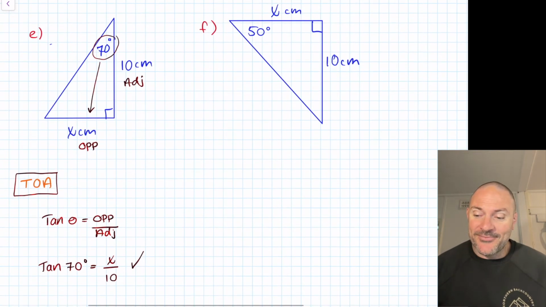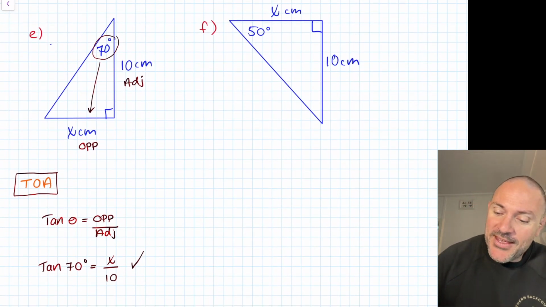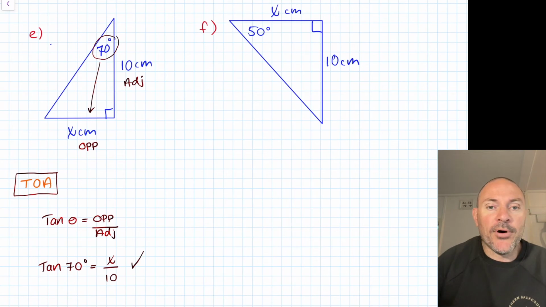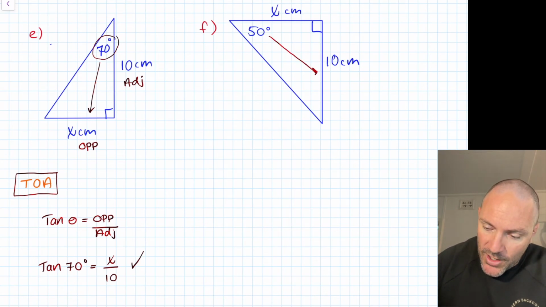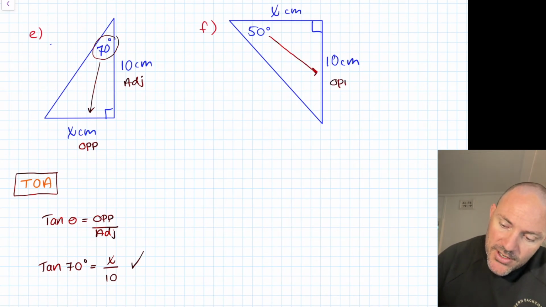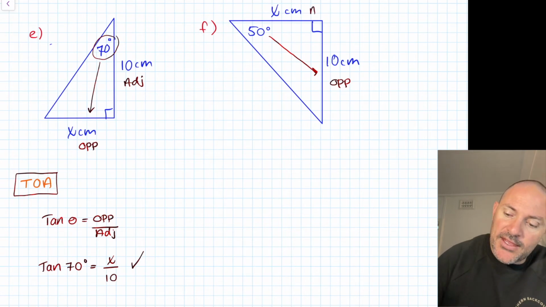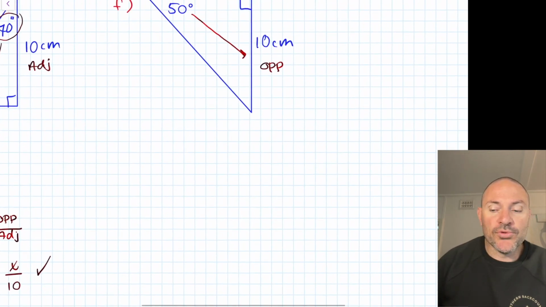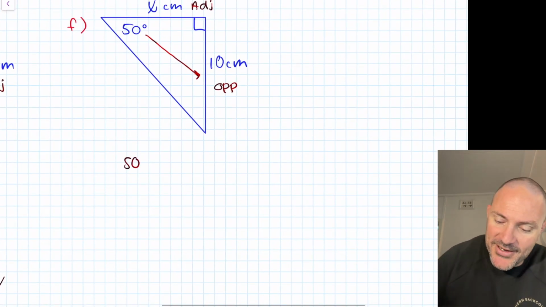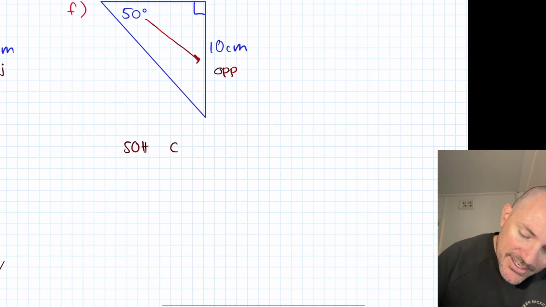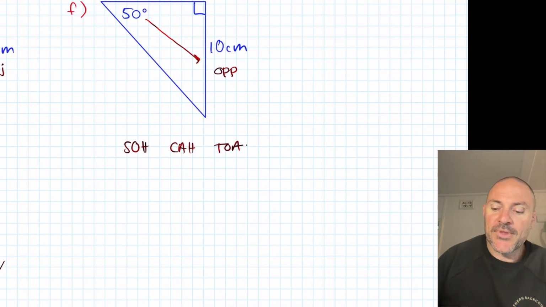My last one, let's see how you go with this one. Well, I don't have the hypotenuse, do I? So we've got the 10, which is called the opposite side, and the adjacent would happen to be the X. So which rule uses, actually we'll do the rule again, SOH, CAH, TOA.